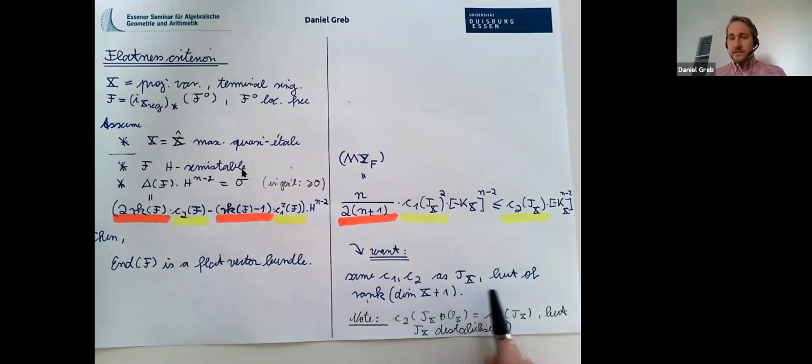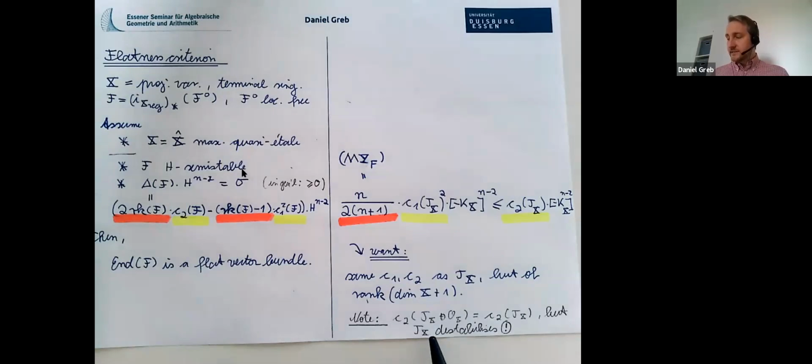Note that the most obvious sheaf of this form, namely T, is Tx plus Ox. This has C2 the same as Tx, because if you think about it, you can imagine for all practical purposes that computing C2 has to do with writing this as a sum of line bundles.